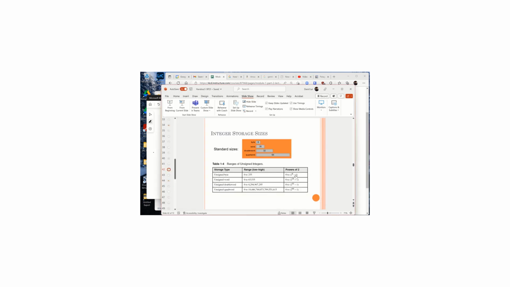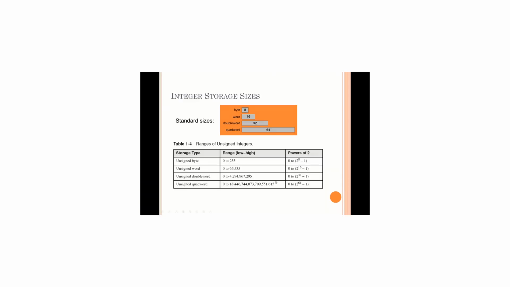And as you can see, that would be 255. So 1, 1, 1, 1, 1, 1, 1, 1 is 255. So for an unsigned word, it can be used to represent numbers from 0 to 65,535, or 0 to 2 to the 16 minus 1, and so on.